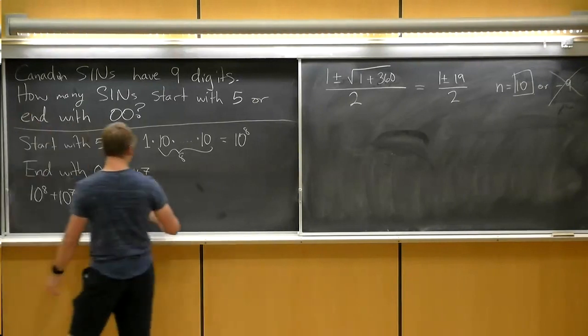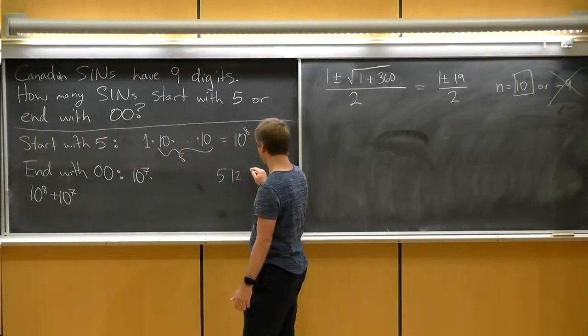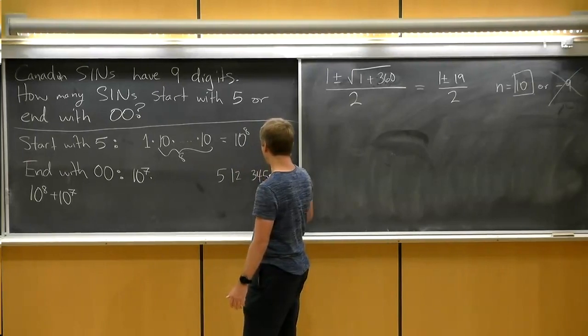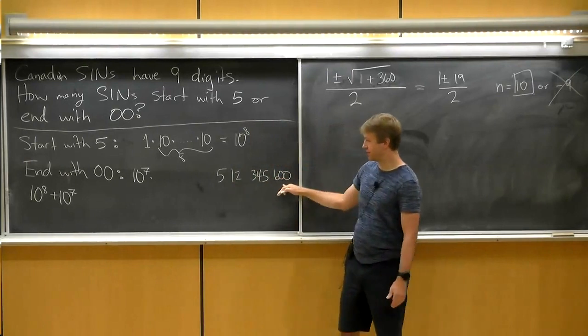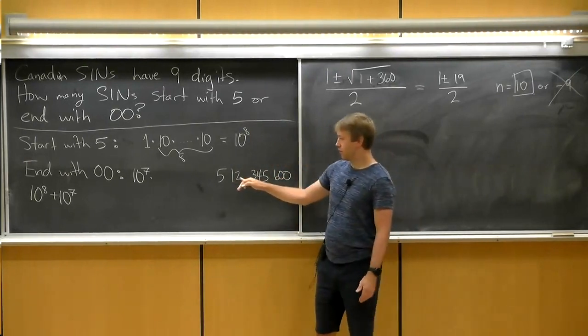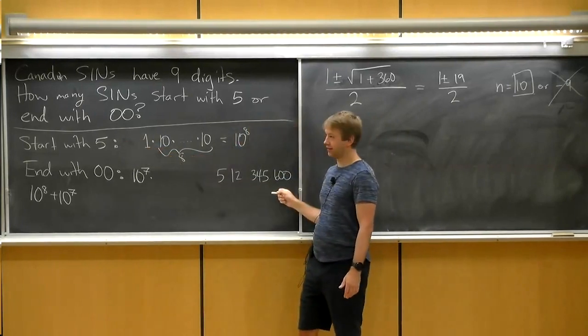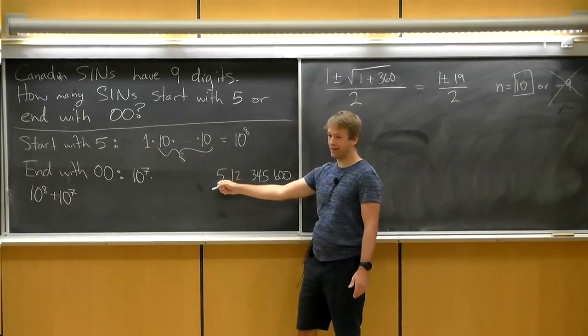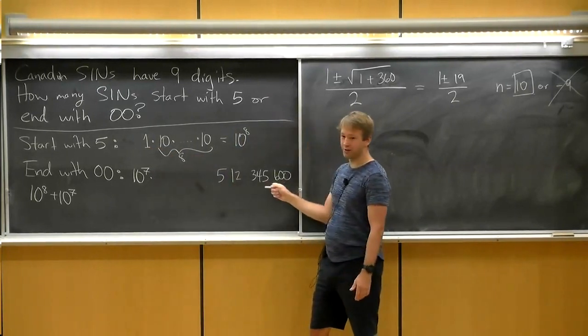Right, so if I have the social insurance number 5, let's say 1, 2, 3, 4, 5, 6, 0, 0. Imagine this social insurance number. When we counted this stuff, this was counted because it starts with a 5. When we counted this, it was also counted because it ends with 0, 0.